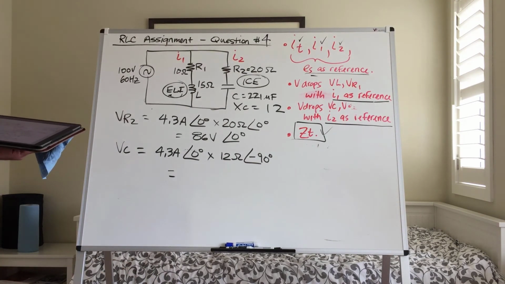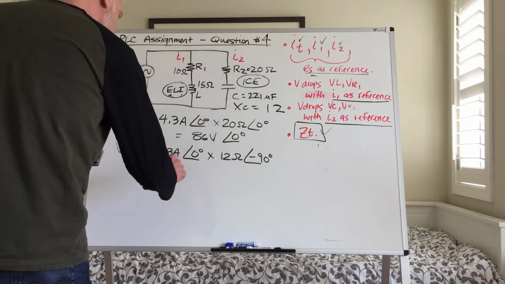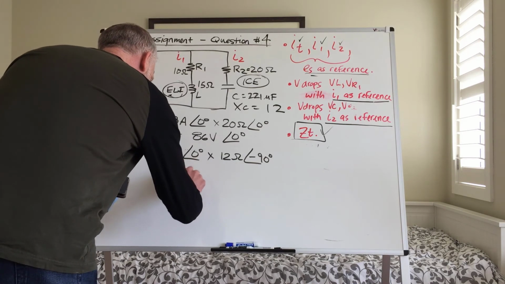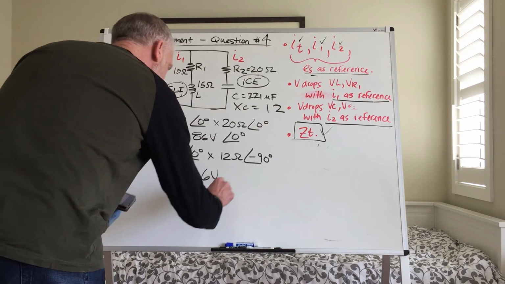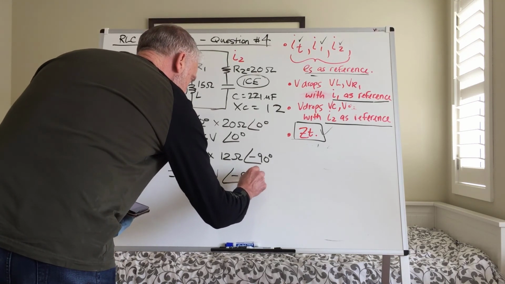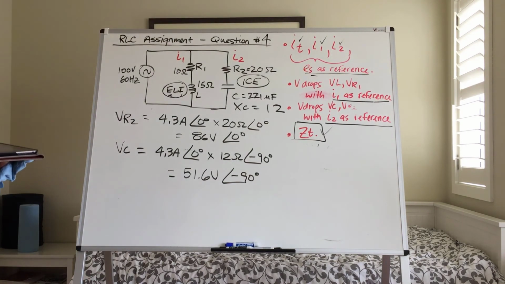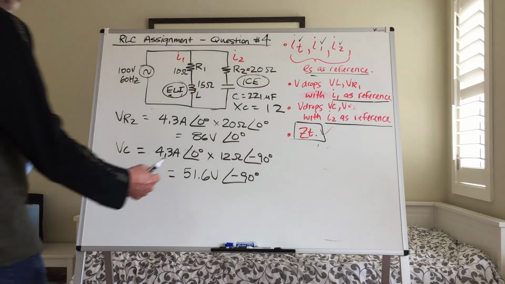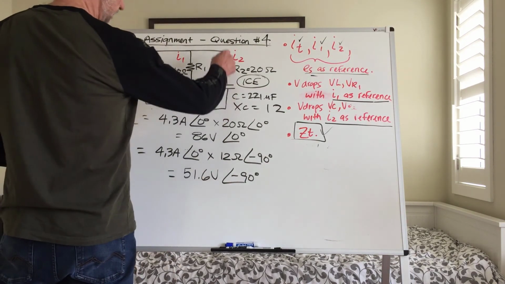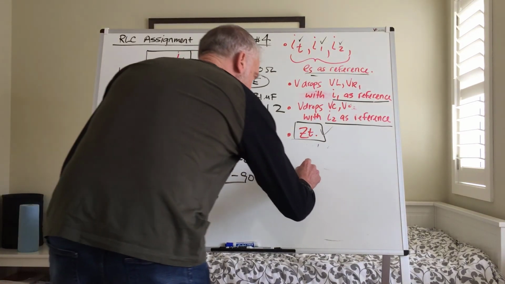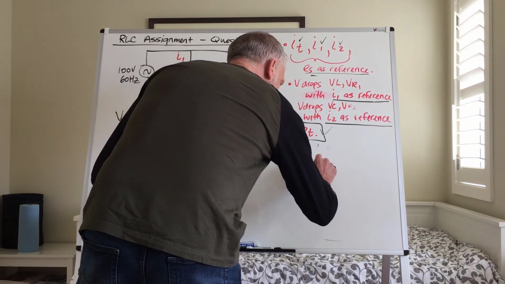So at minus 90 degrees, we're going to have 51.6 volts at minus 90 degrees. So that minus 90 degrees is with reference to the current. And you know that based on that, we're going to have a voltage triangle like this.